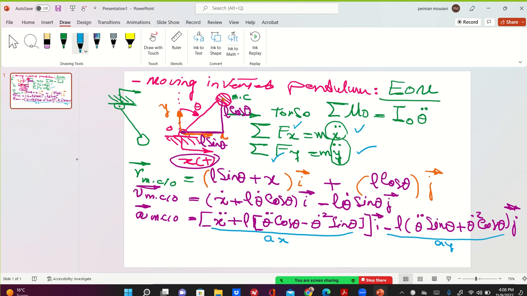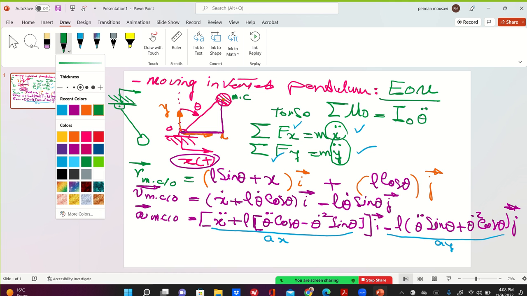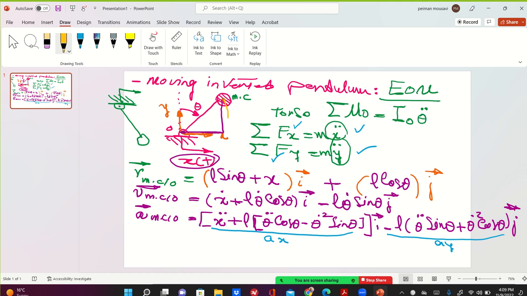If you plot the free body diagram of the system, you have mg here, and you have reaction forces Fy and Fx, the reaction force from the base that is moving.